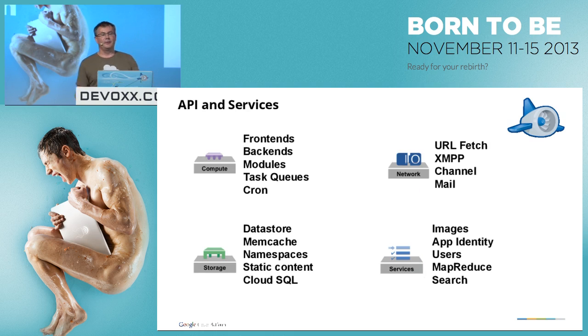So these are the list of APIs and services we are providing. All the services are up and running in the context of your application. So you don't need to install Cloud SQL, you don't need to install datastore or memcache. It's there, no problem.